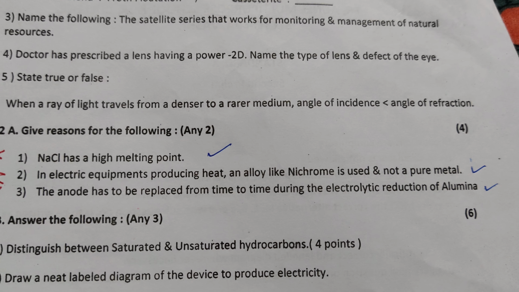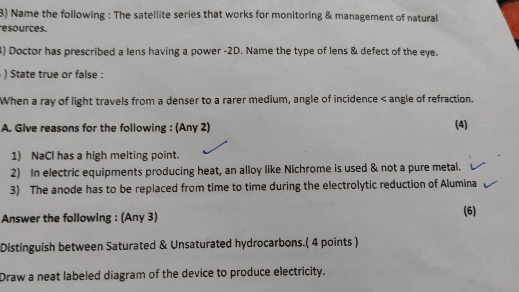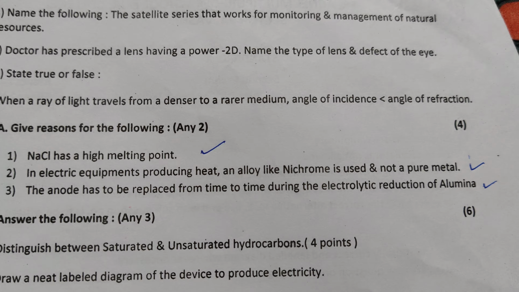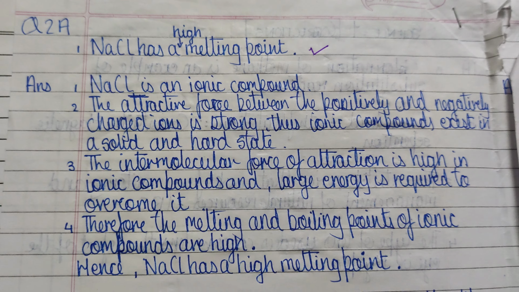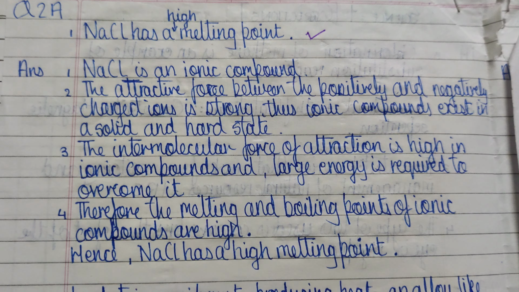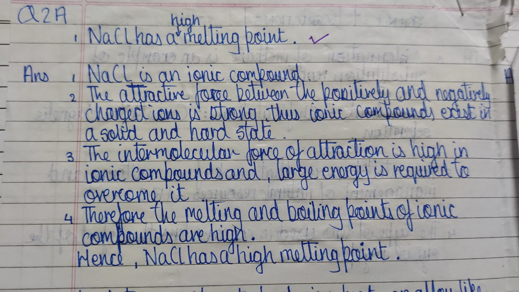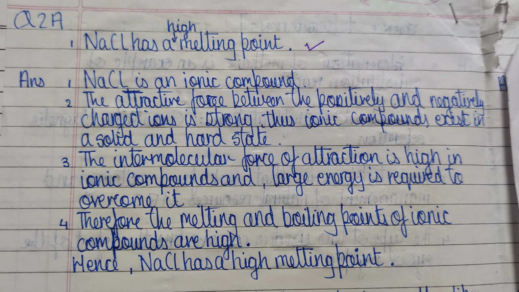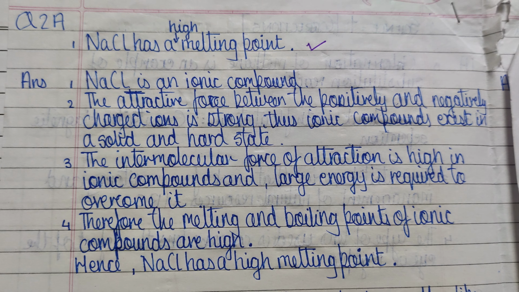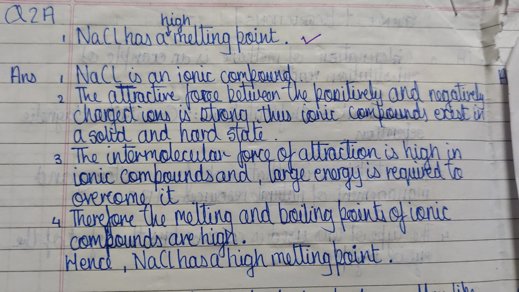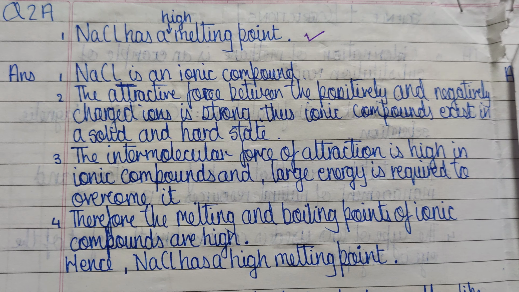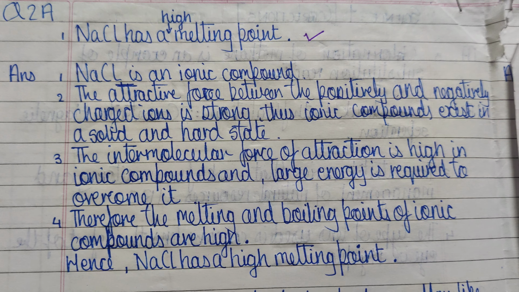Give reasons. NaCl has a high melting point. NaCl has a high melting point, and the reason is NaCl is an ionic compound. The attractive force between the positively and negatively charged ions is strong.